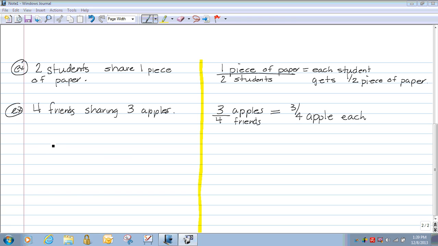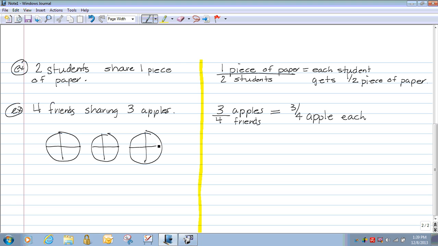I'm going to draw this out also, because maybe a picture is another way to show this. If I have 3 apples, 1, 2, 3 apples, and I have 4 friends. So if I cut each apple into 4 parts, and they're sharing it. So if I have 4 friends, we have one friend getting a part.